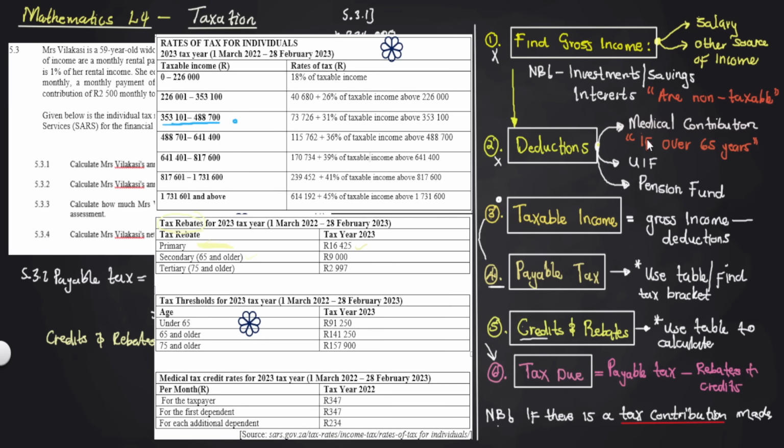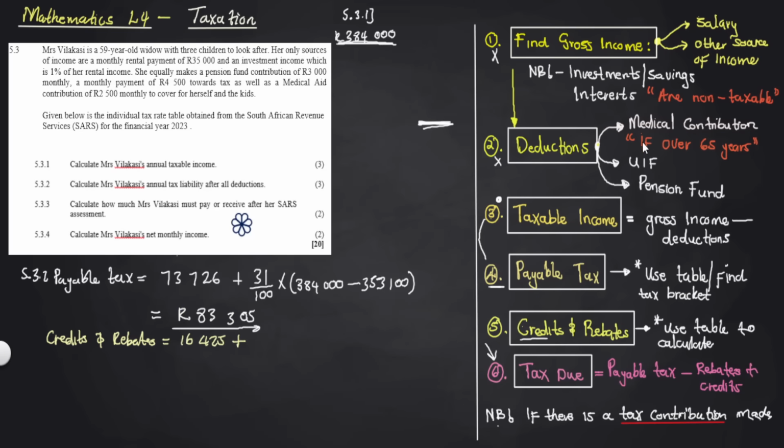Okay, for the credit, now let's back up a little bit. Let me underline this, it's important that I highlight it. To reiterate why she calculated credit: she's 59 years old and making a monthly contribution of 2,500 rand to cover medical aid for herself and the kids.